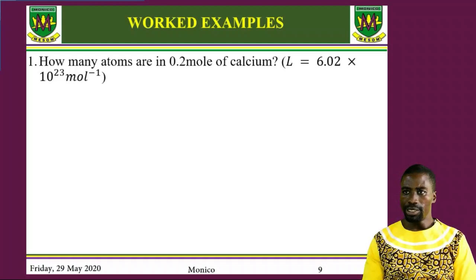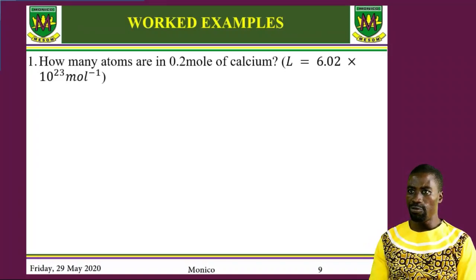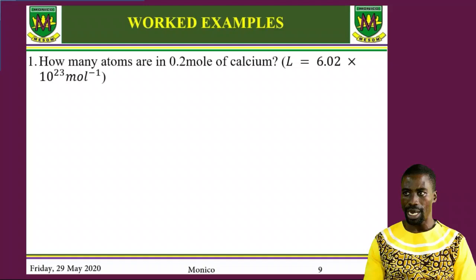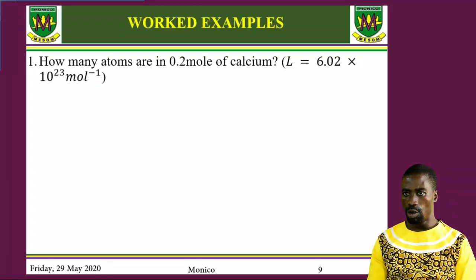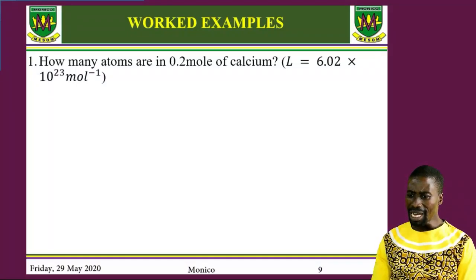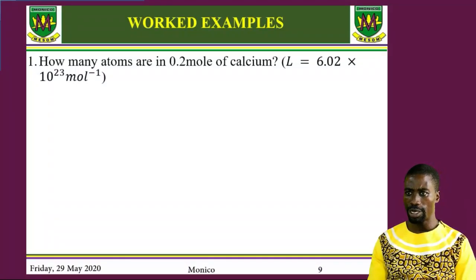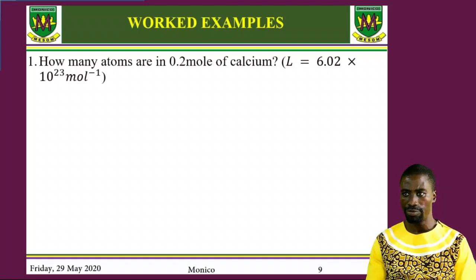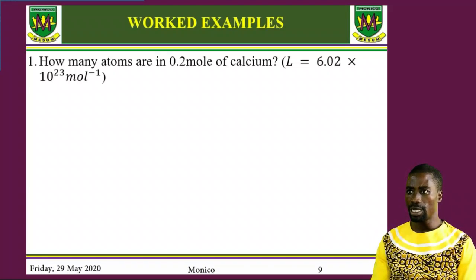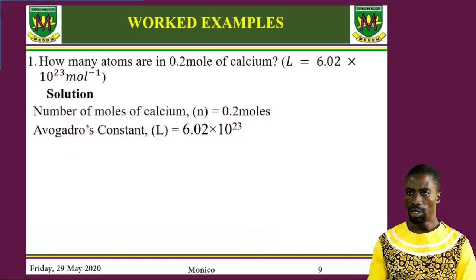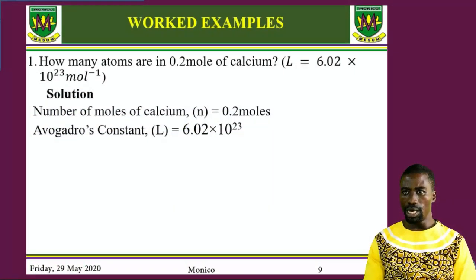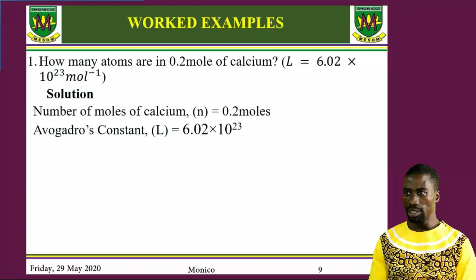Per the information that we have, we are looking for the number of atoms in calcium. Here the number of moles has been given as 0.2 moles, and Avogadro's number is also given to you. So as some of you have been saying, use what you have to get what you are looking for. So we are going to use the data given to us to look for what we are looking for. Good. And so this is the summary of the question.